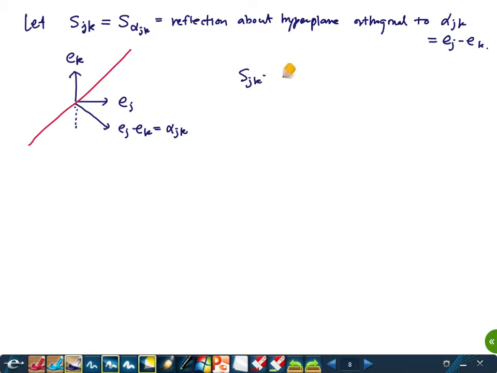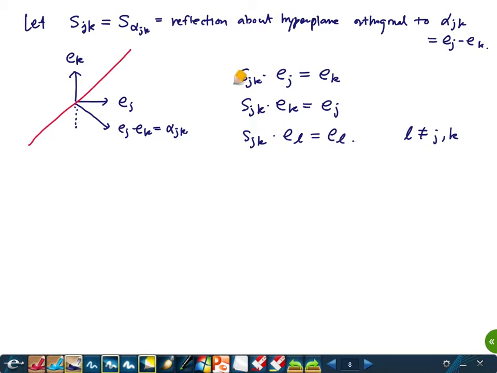That means s_jk, if we apply this to e_j, then what do we get? We reflect e_j about this hyperplane, that will be e_k. So it's going to be e_k. What about s_jk applied to e_k? If you reflect this, it's going to be e_j. What about others, s_jk applied to e_l for l different from j, k? It stays just there because it is orthogonal to this.